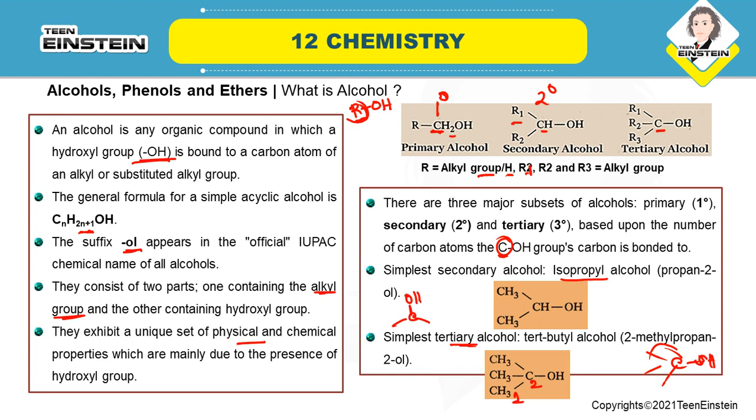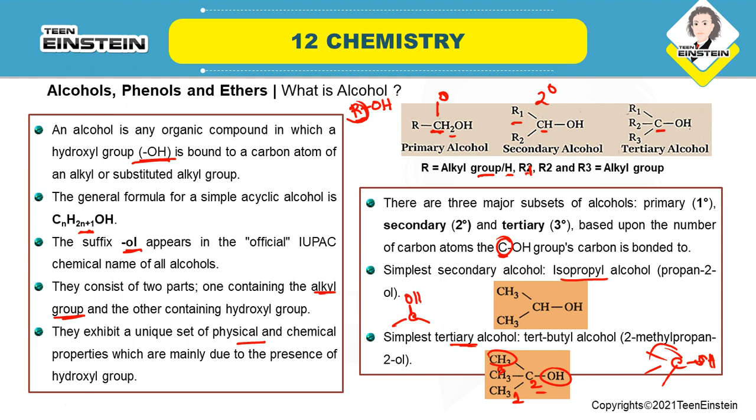It is 1, 2, 3. This is the longest chain, and at the 2 position there is a methyl substituent and also OH, which is the main group, so the suffix we use is ol. Suffix means the term with which the name ends, and methyl is a substituent, so it is the prefix: 2-methyl, propan-2-ol.